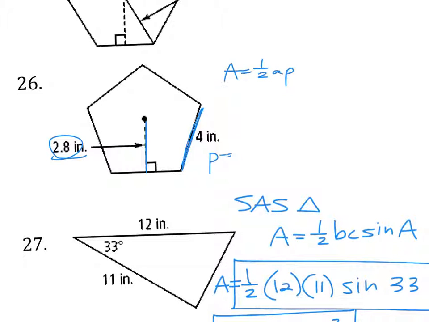So you're going to go for the perimeter 4 times the 5 sides. So your perimeter would be 20. So you're doing 1/2 times 2.8 times 20. And then when you plug that in, you get what? So that's 28.